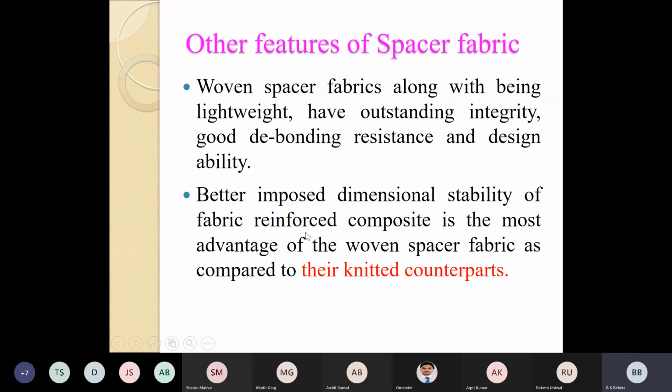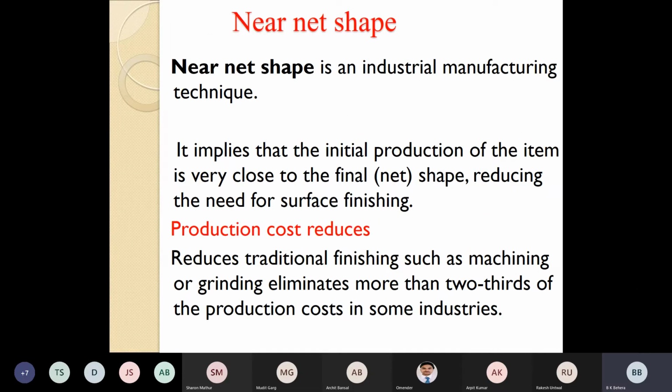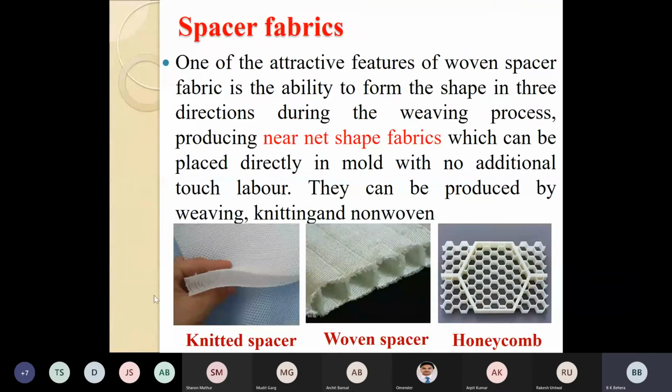That means when such kind of structures are subjected to a shear force, I hope all of you understand shear force. Shear force means a tangential load. So if a tangential load is applied on such a spacer fabric, these walls will not be detached from the skin because they are integrated.